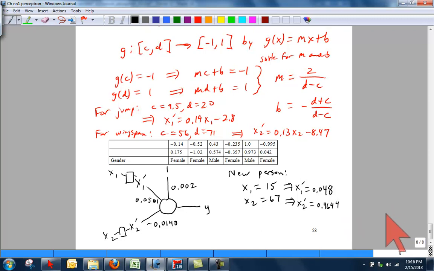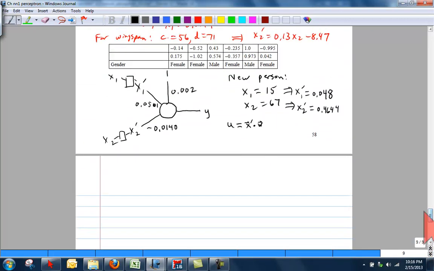Alright, so how do I now tell whether that's guy or girl? U, remember, is now x prime dot w. These are vectors.